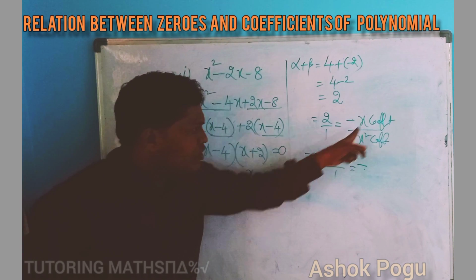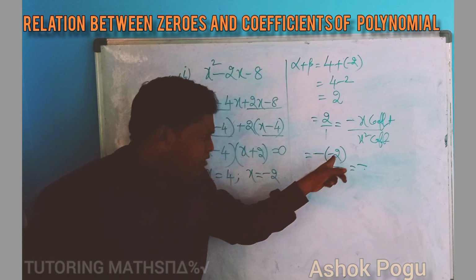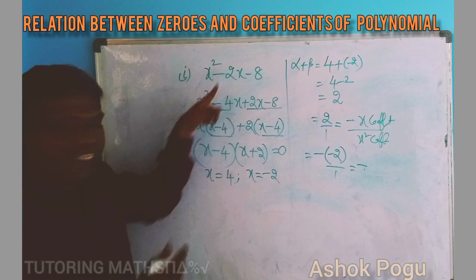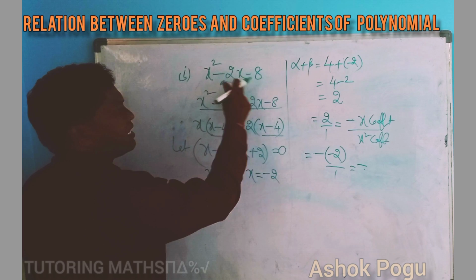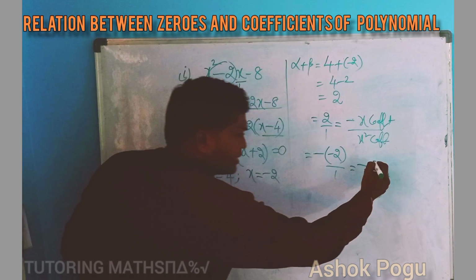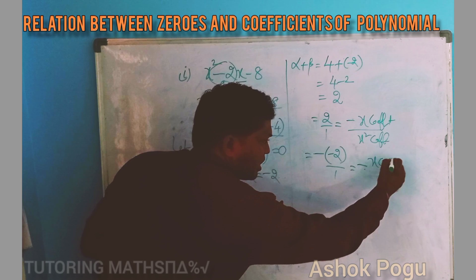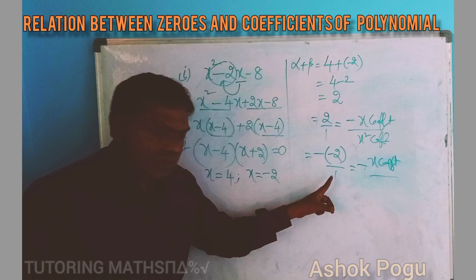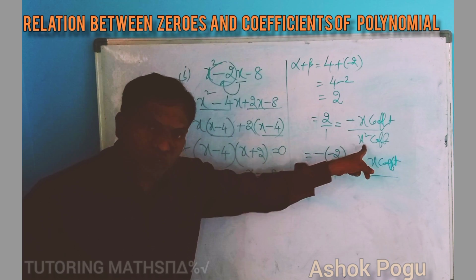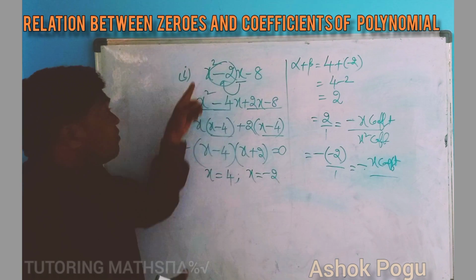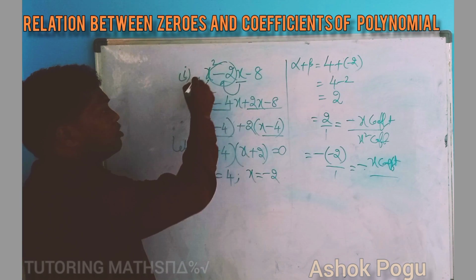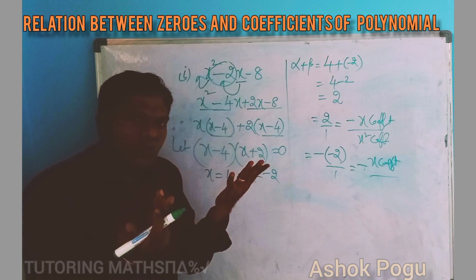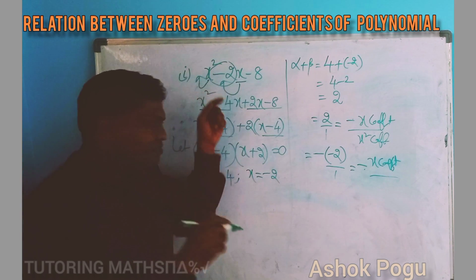And is minus 2 the x coefficient? Check. What is the coefficient of x? Minus 2, yes, absolutely the x coefficient. And by 1, according to the formula, 1 should be the x square coefficient. Is 1 the coefficient of x square? Yes, because there is no number multiplying x square, so the x square coefficient is 1.